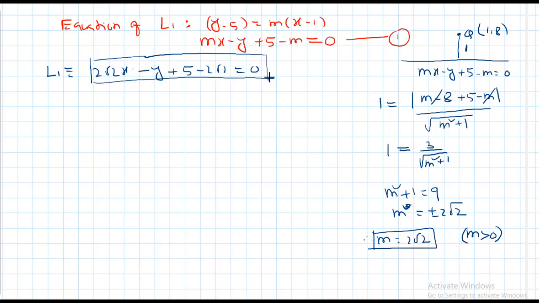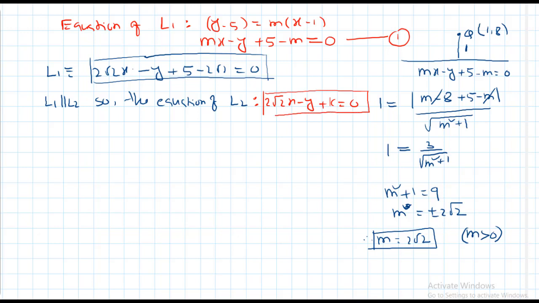Now we want to find the equation of line L2. That is important now. L1 is parallel to L2. So L1 and L2 differ by only a constant because they are parallel to one another. So directly I can say that 2 root 2 x minus y plus k equal to 0. So this is the equation of the line L2.